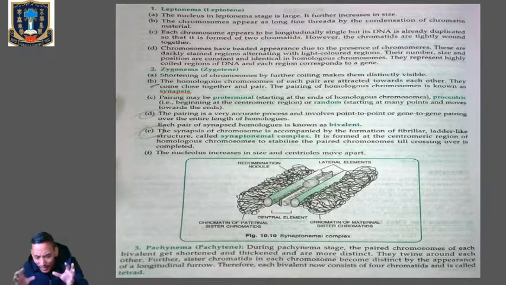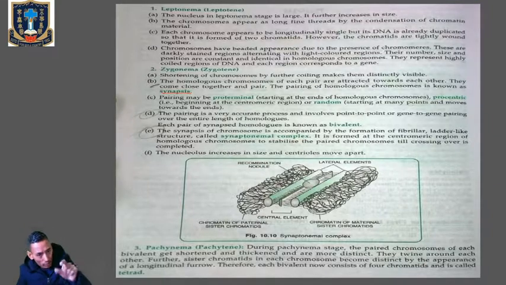Under the electron micrograph, it is seen that the pairing of homologous chromosomes, synapsis, is accompanied by the formation of a complex called the synaptonemal complex.